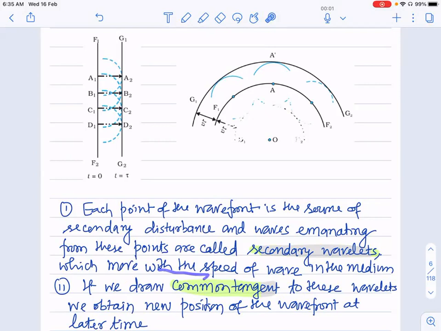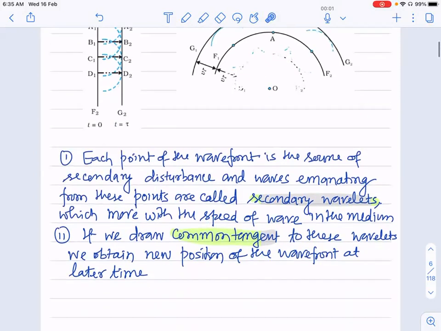They move with the speed of light in the medium, and if we draw the common tangent to these wavelets, we obtain the new wavefront at a later time.